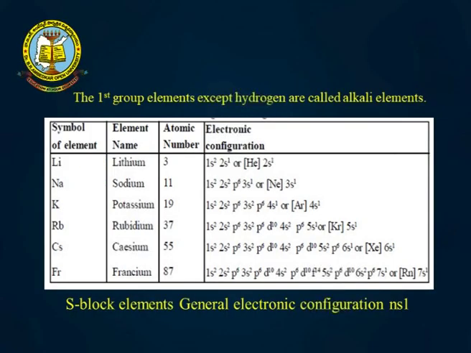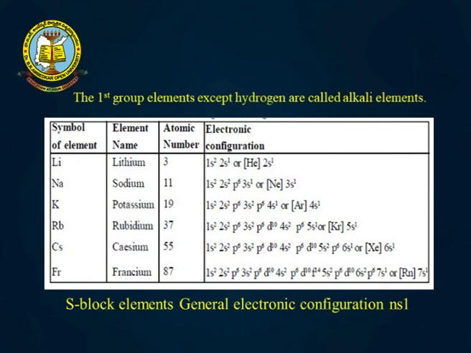In this group there are 6 elements: lithium, sodium, potassium, rubidium, cesium and francium. Their atomic numbers are: lithium 3, sodium 11, potassium 19, rubidium 37, cesium 55 and francium 87. For the electronic configuration, lithium, atomic number 3, is written using the helium inert gas configuration: helium 2s1.